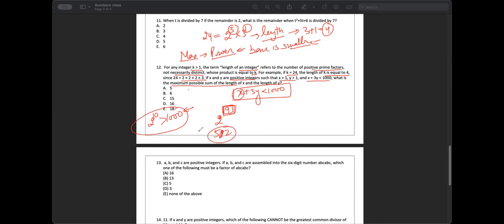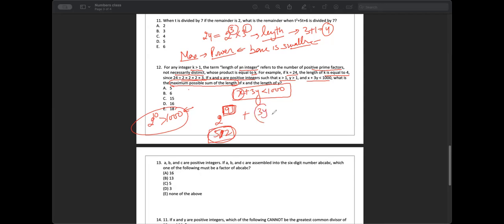Everybody understood why we are taking 2? We want to take the smallest number so that the power would be maximum, because we need to maximize the length. Length is nothing but the sum of the powers. So if 2 raised to power 9 is there, it'll be 512.